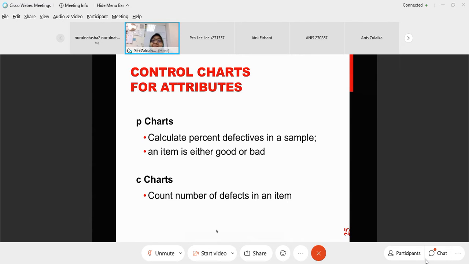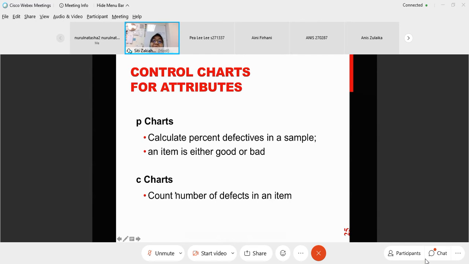P charts ni, P kan, nama pun P. So it's percentage defectives. Kita tengok berapa banyak percentage yang defect lah. Error, kerosakan. Okay. So the item is sama ada baik, good or bad. Okay. Macam tu dia measure. Right?